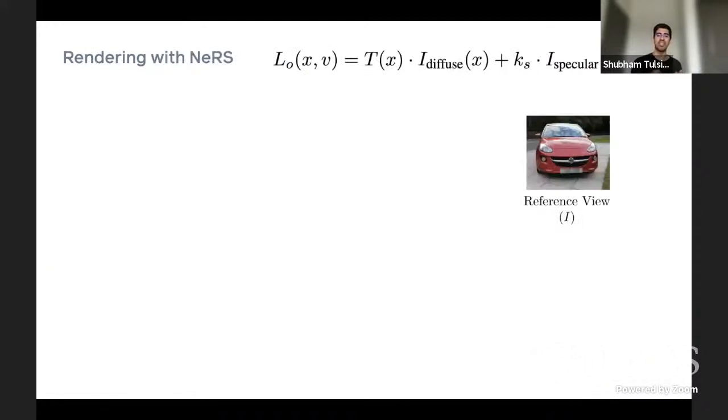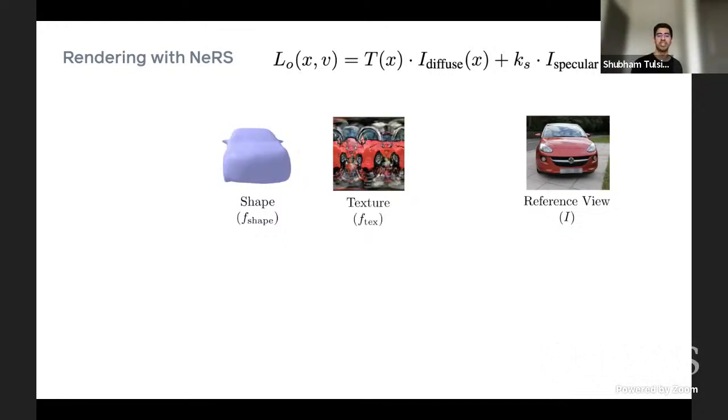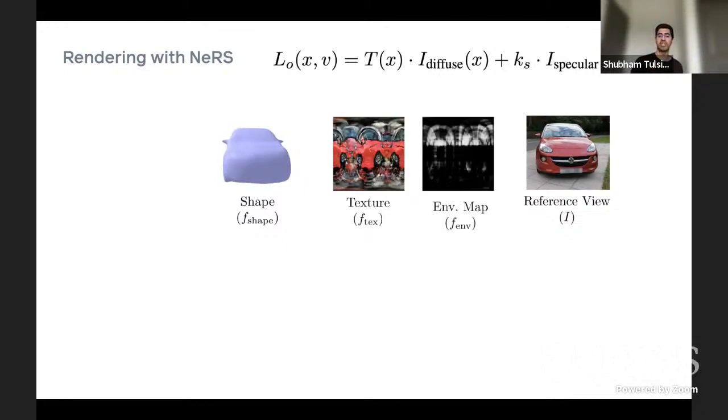Given this representation of view-dependent effects, we can render a predicted view using the predictions from NeRSC. More concretely, our NeRSC representation predicts the shape of an object, the surface texture of the object, and the lighting in this particular scene, and all of these are modeled as neural networks which map points on a sphere to the corresponding scalars or vectors.